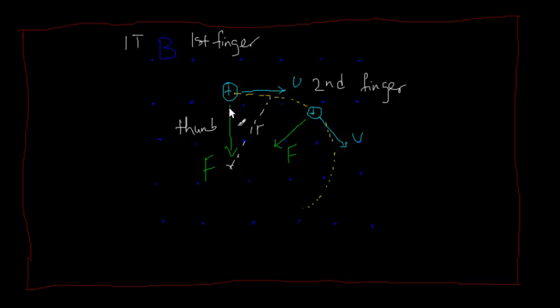For the charged object, I'm going to take as an example a hydrogen ion. So I'm not talking about a small glass ball anymore. I'm talking about an atom, a hydrogen atom.